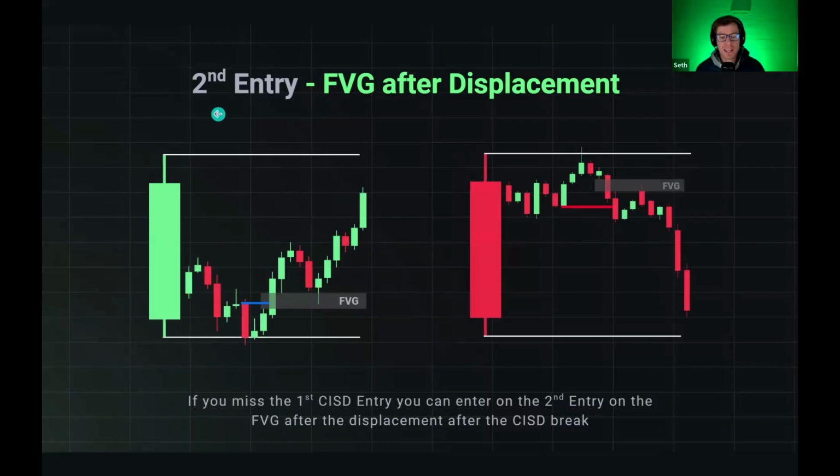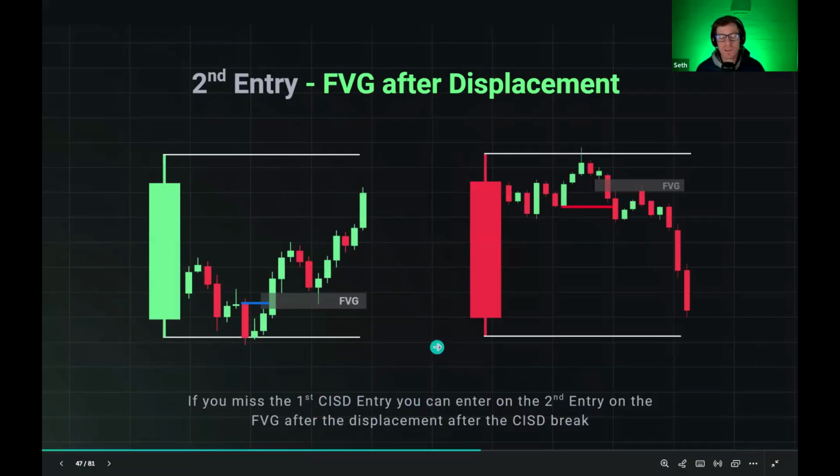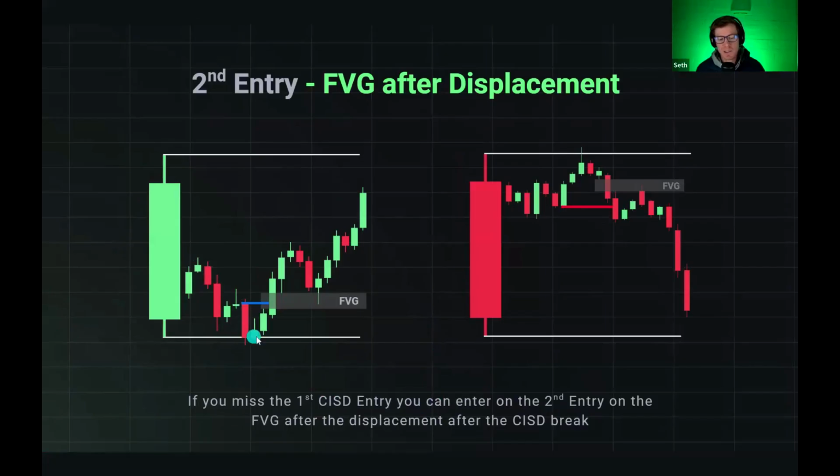And then we've got our second entry, where it's the fair value gap after the displacement. So basically, if you miss the first CISD entry, you can enter on the second entry on the fair value gap after the displacement, after the CISD break. So you'll see price comes down, it sweeps a low at a key level, it forms the CISD, and then it breaks the CISD.